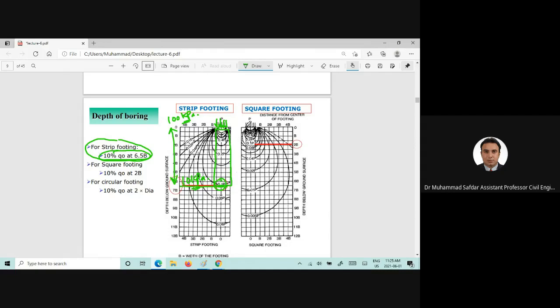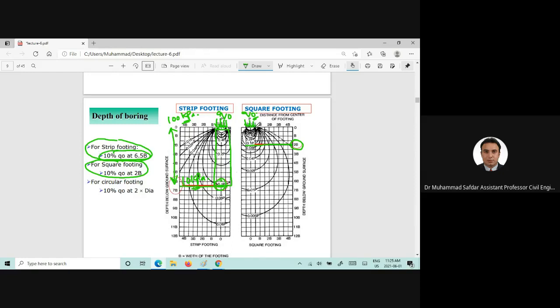Similarly, if we are given a square foundation, in that case the 10% of the Q naught, so you can say that this is Q naught, and this stress is applied here. Q naught is the net stress which is applied at the foundation level.